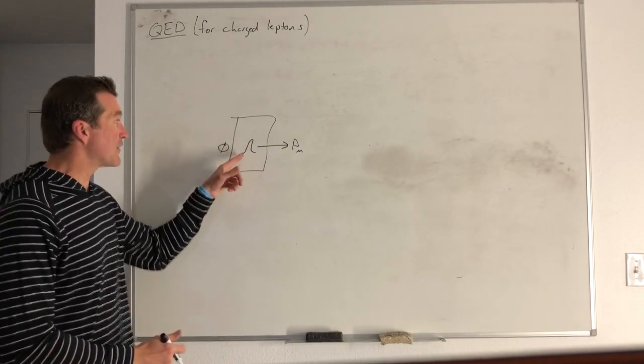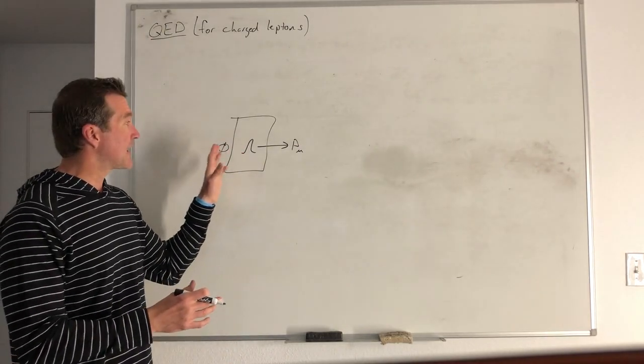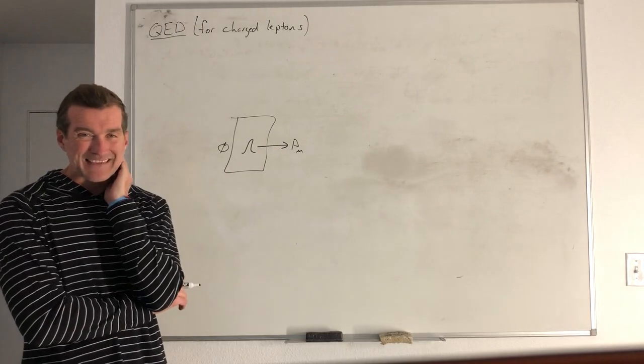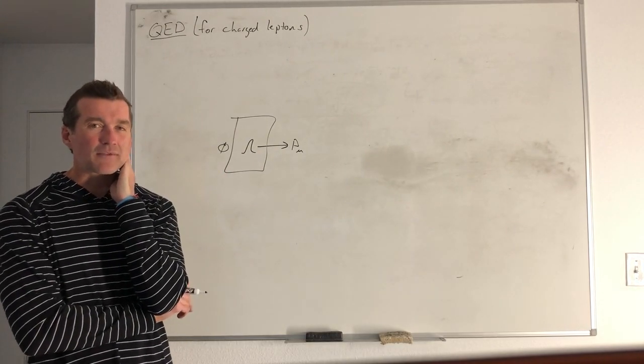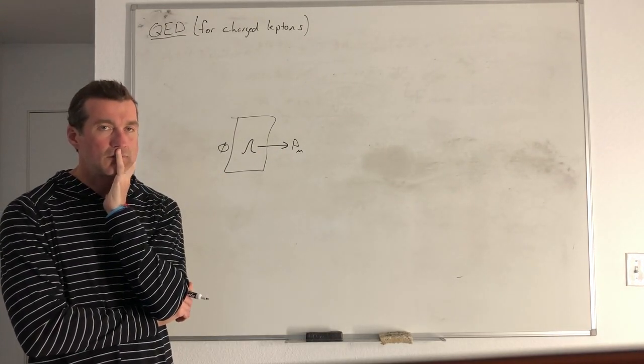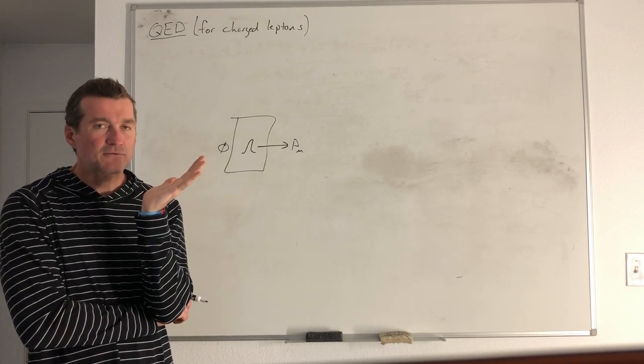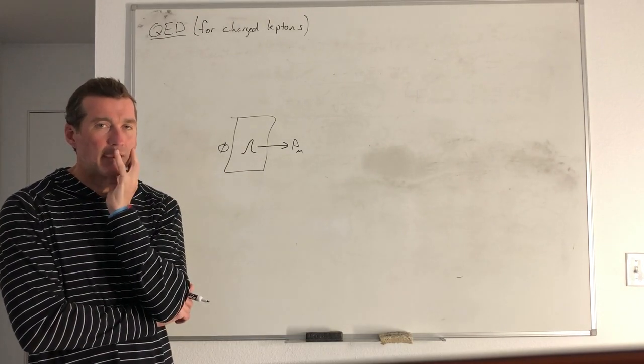Now, I know the mass of this, and I know it's moving in that direction with momentum. Is there anything else I have to tell you about this scalar field? Are there any other degrees of freedom associated with it which I have to specify?